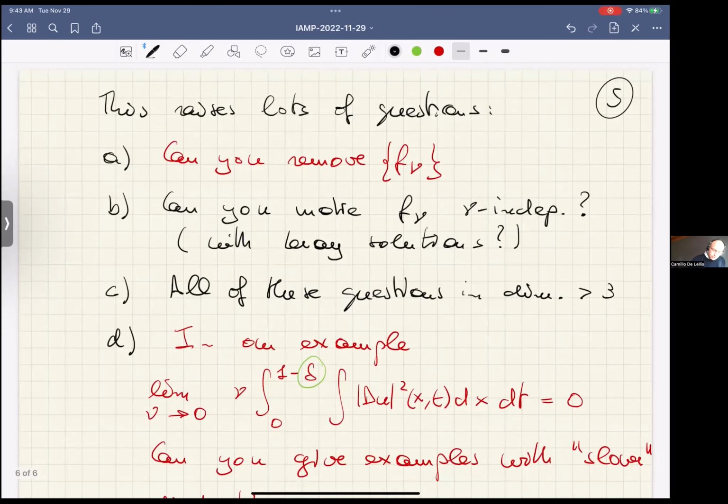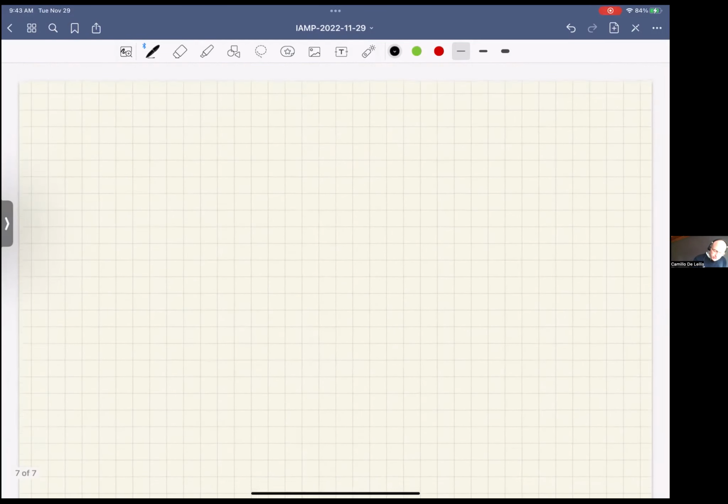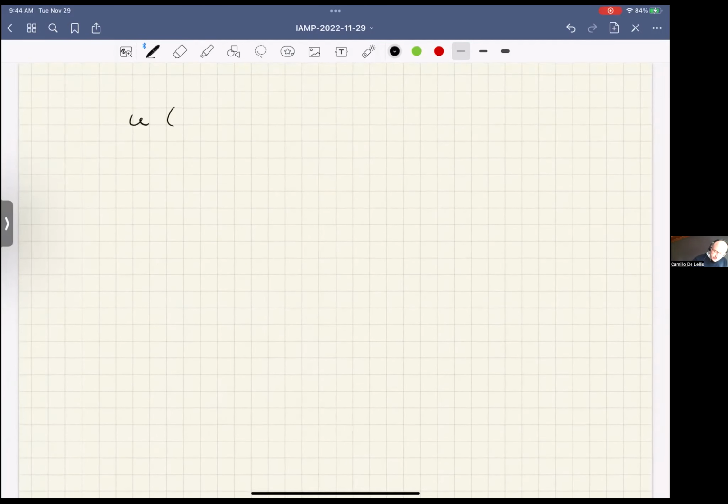You write down your velocity field u of x and t as two components: v, which depends only on the first two variables, and the third component, say u3, which depends also only on the first two variables.